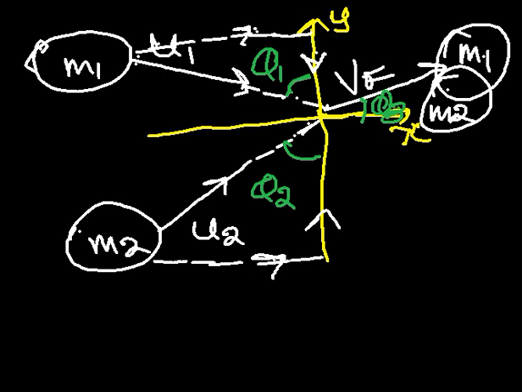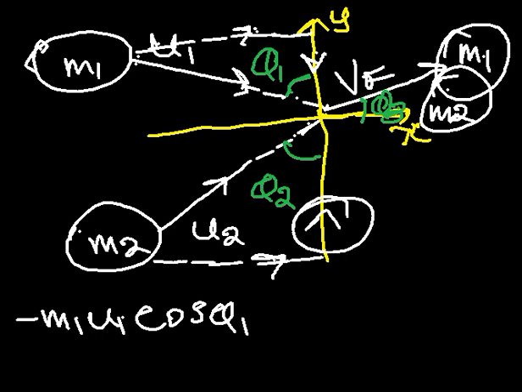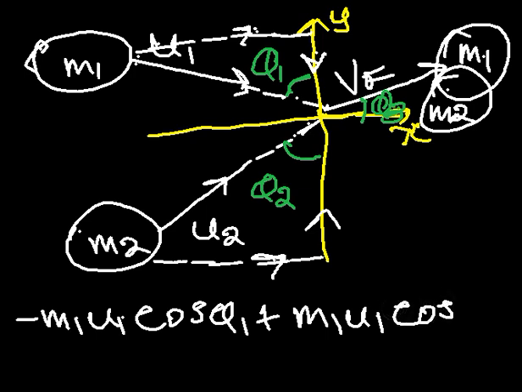So in this case we'll have negative m1 u1 cos theta 1. And for the object of mass 2, it is positive because it is pointing upwards. That will be given as plus m1 u1 cos theta 2.